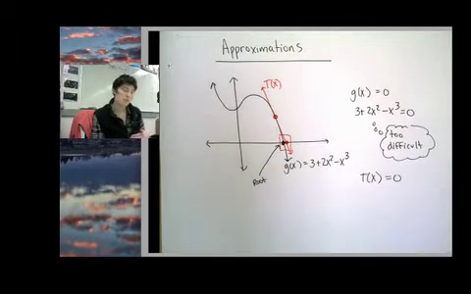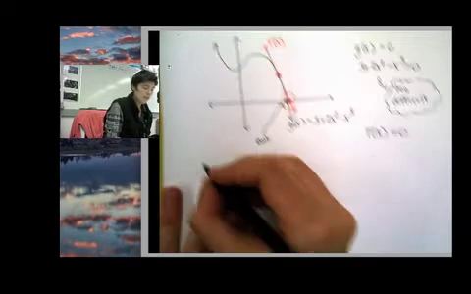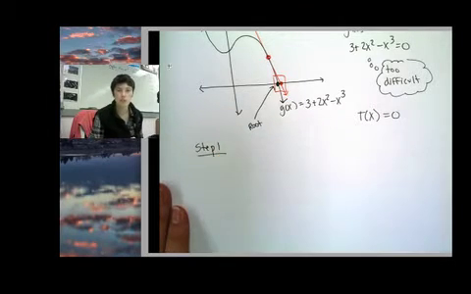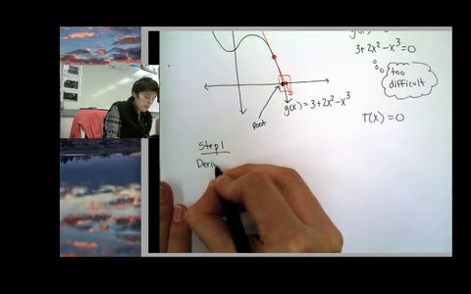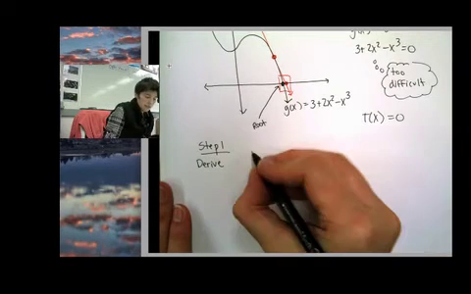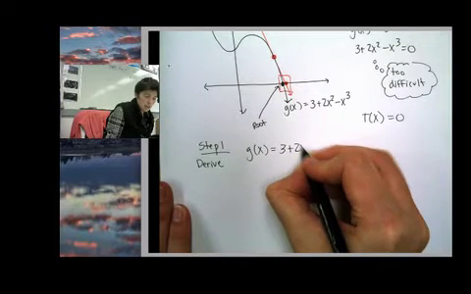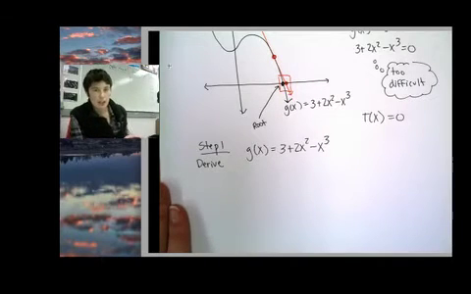So there's 3 steps to this problem. Once you know what it's asking, you're going to go through deriving and writing an equation. So step 1, you want to derive the function. Since g of x was equal to 3 plus 2x squared minus x cubed, that's the thing we're going to be working off of.